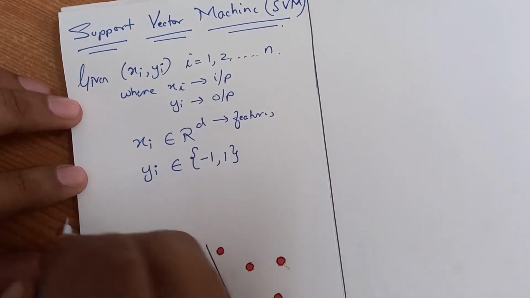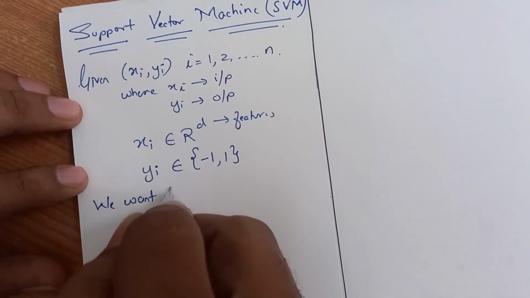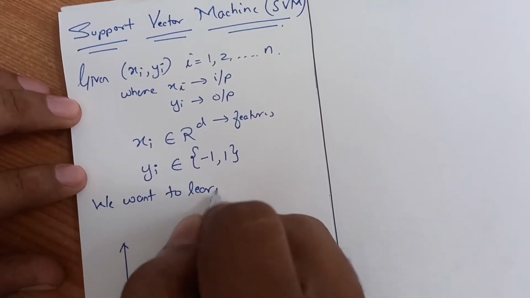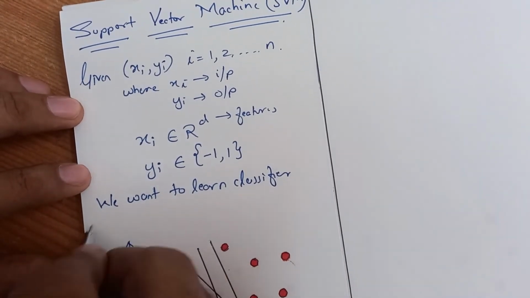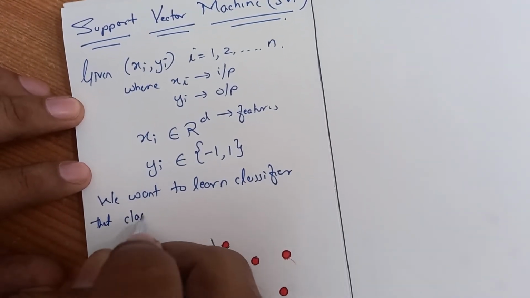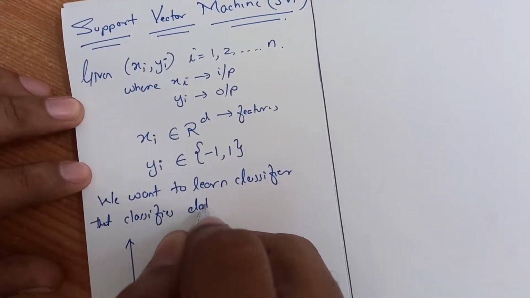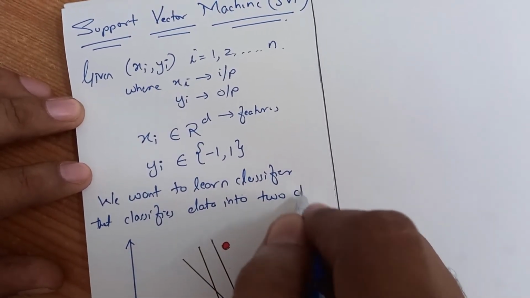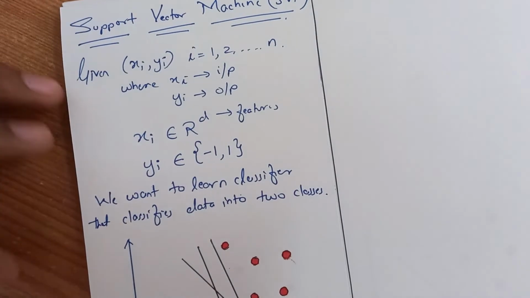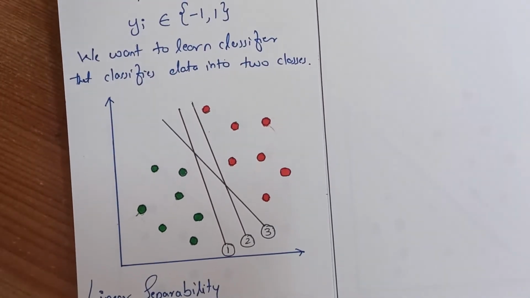Here we want to learn a classifier that classifies data into two classes. So the SVM algorithm can be used only in that condition when you can actually separate the data linearly.